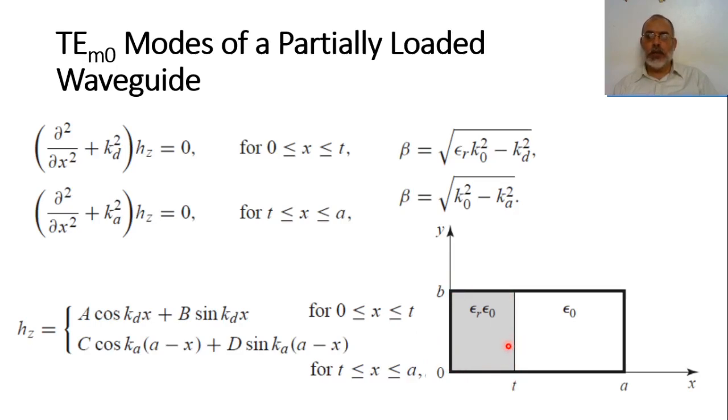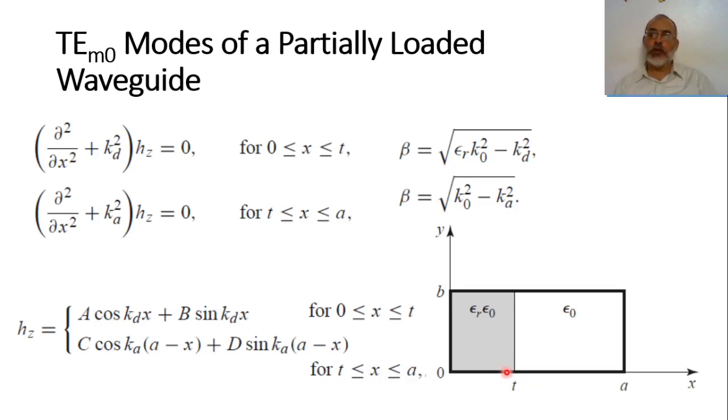It means that we have a dielectric material of epsilon equal epsilon r epsilon naught, which can be found longitudinally along the length of the waveguide from x equals 0 to x equals t, and then the remaining part is free space, for example. This is called partially loaded waveguide.